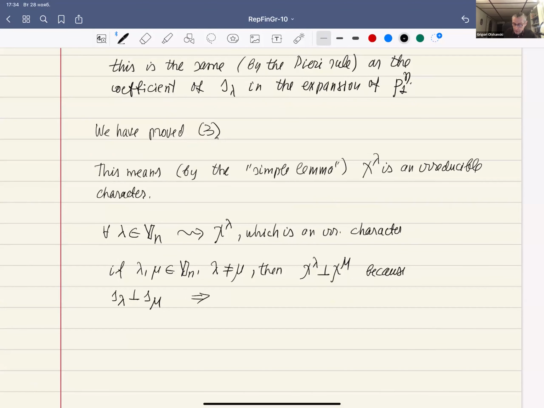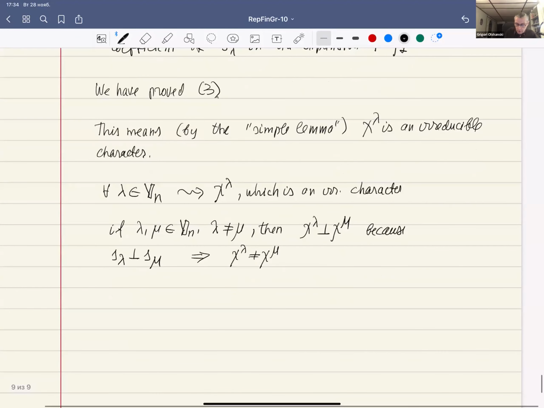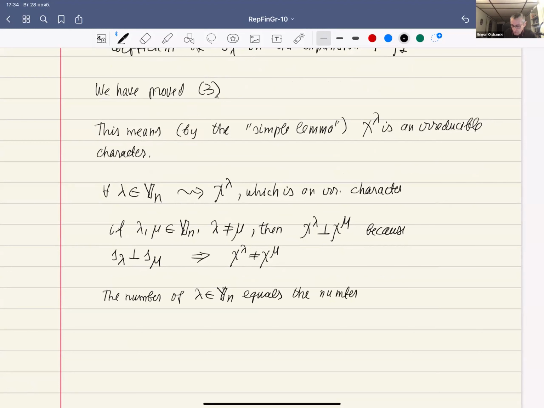This implies in particular that these characters are distinct. And the number of Young diagrams equals the number of conjugacy classes.